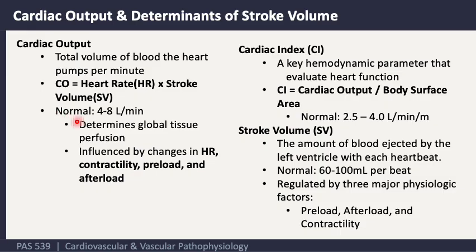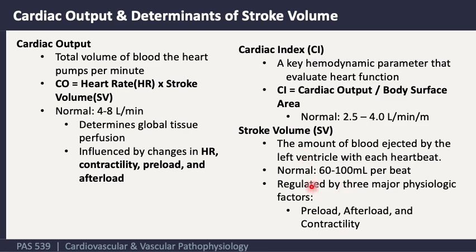Normal cardiac output is around 4 to 8 liters per minute. It helps to determine global tissue perfusion. It is influenced by heart rate, contractility, preload, and afterload. And we'll get into a little bit more explanation of that shortly.